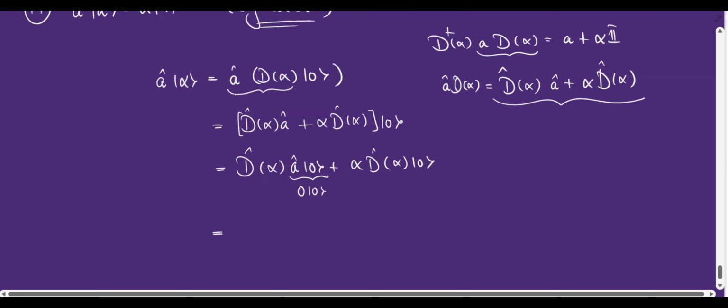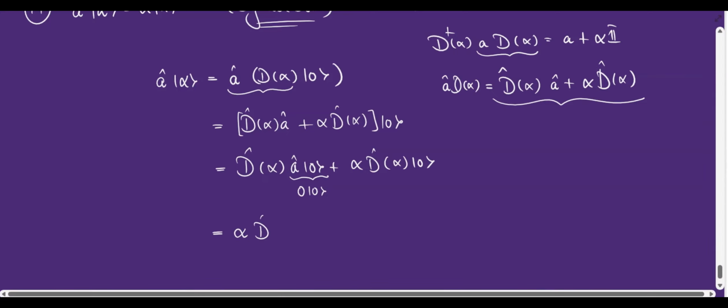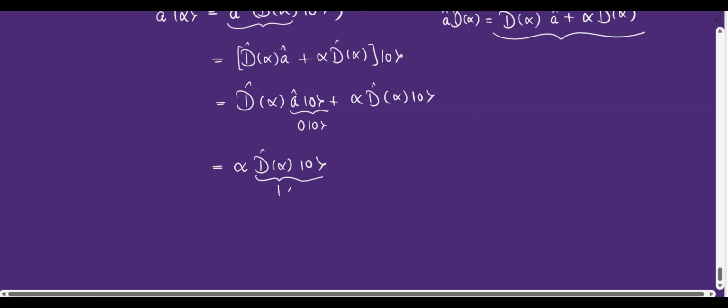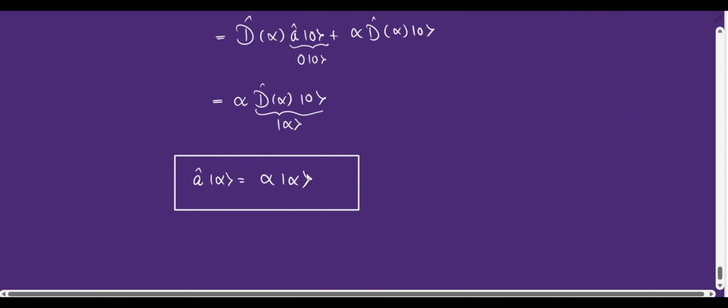The first term we can consider to be 0, and the second term becomes D-cap of alpha 0. But then the definition of D-cap of alpha acting on the single mode vacuum state is equal to alpha. So we saw that a-cap acting on alpha is equal to alpha times alpha. So we just proved that alpha is an eigenstate of a-cap.